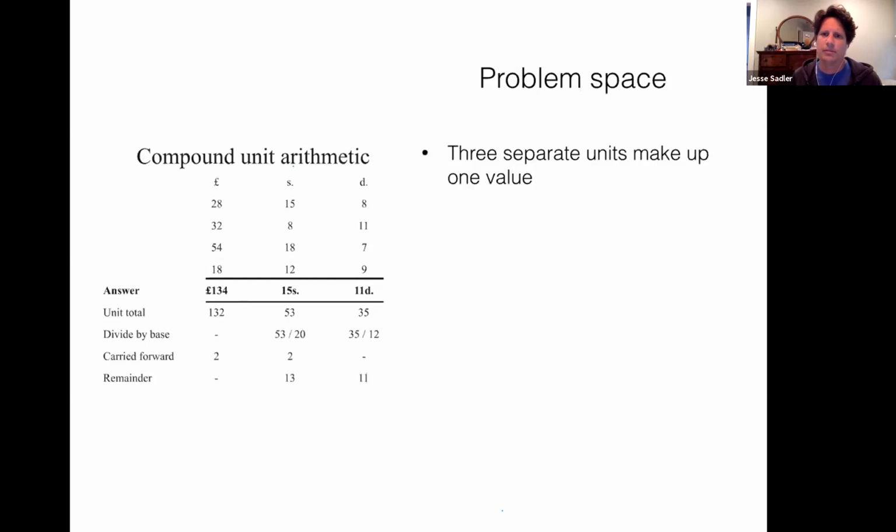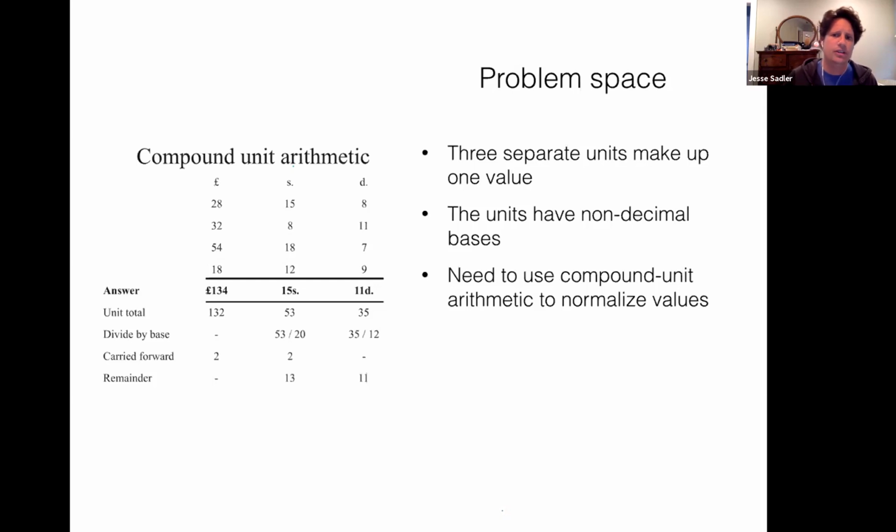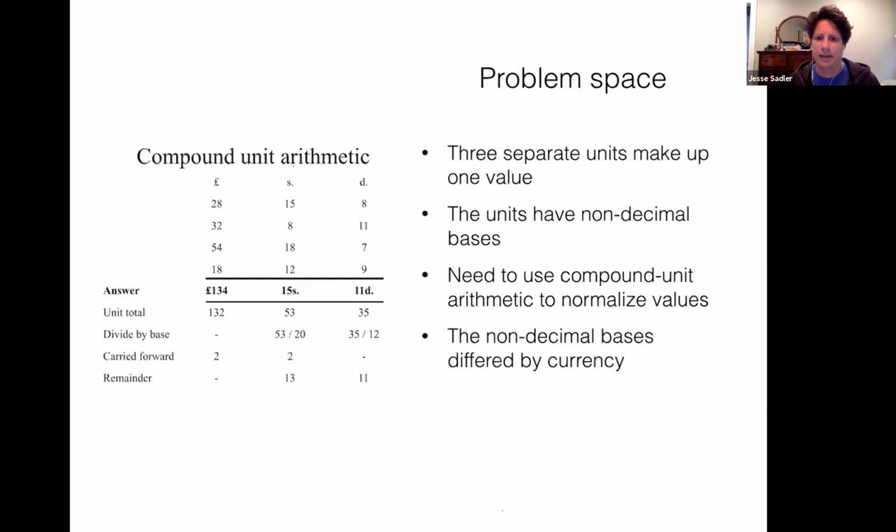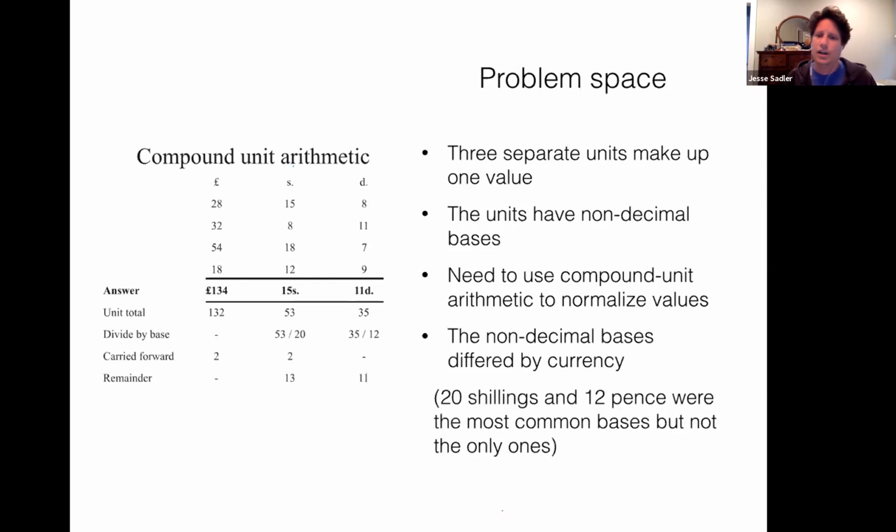So what is the problem space? We have three separate units that make up one value. The units have non-decimal bases, and so we need to use compound arithmetic to normalize these. The non-decimal bases differ by currency. So 20 shillings and 12 pence were the most common bases, but they're not the only ones.